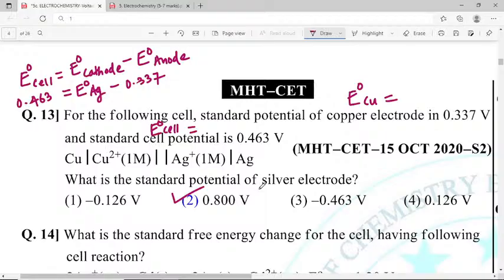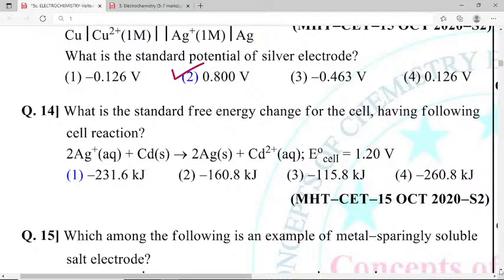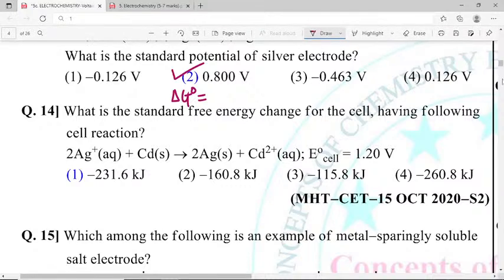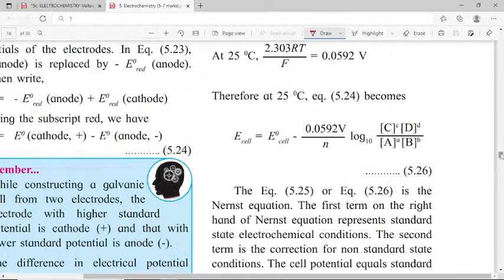Okay. Next question. What is the standard free energy change for the reaction? Standard free energy, del G naught, for the following reaction. So how to calculate, and what is the formula?